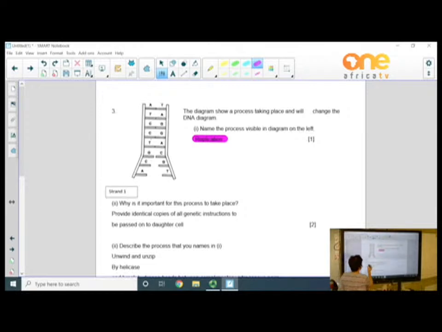We need identical copies of the genetic instructions to be passed on to a daughter cell. So during cell division, identical copies must be made for the daughter cells. That is also a good answer.